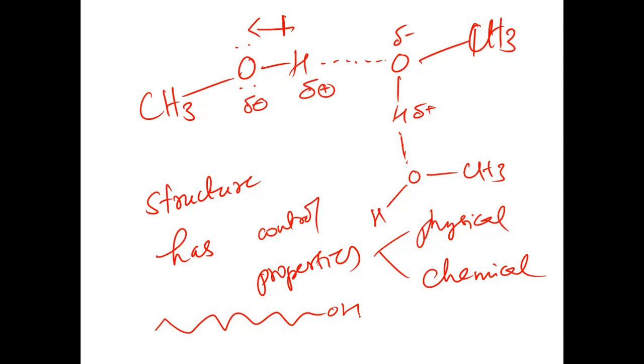It would not be miscible in water. It would precipitate out of the water because it cannot form the hydrogen bond. So the alkyl side chain has some role, but the properties of alcohol are controlled by the hydroxyl group.